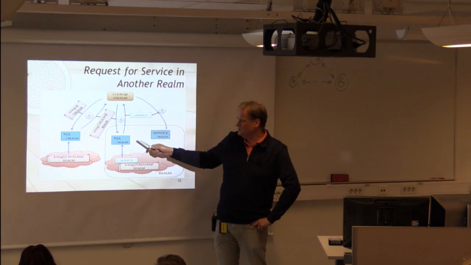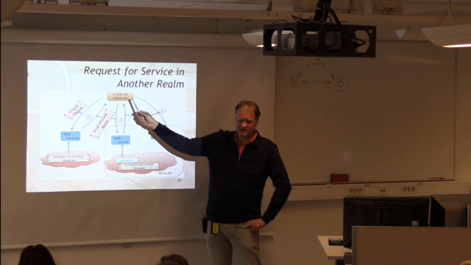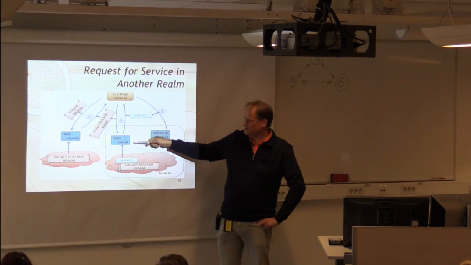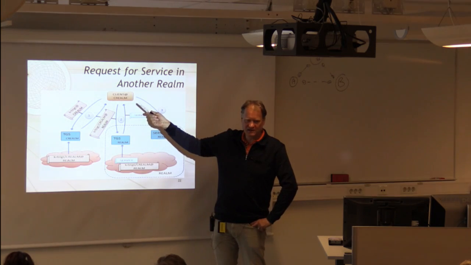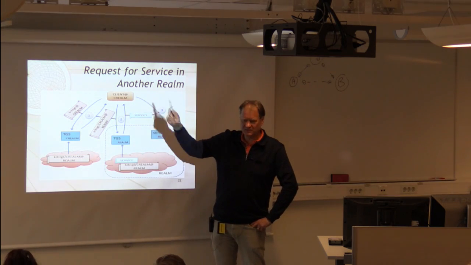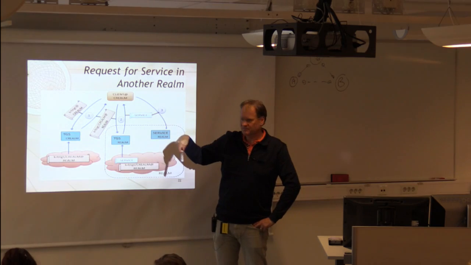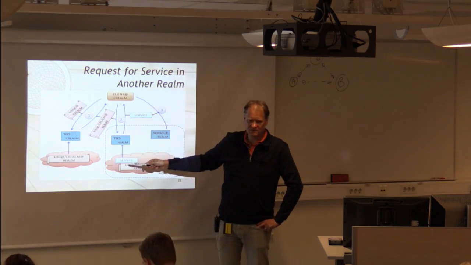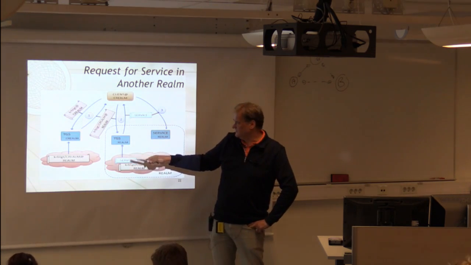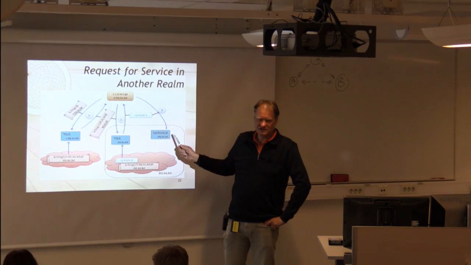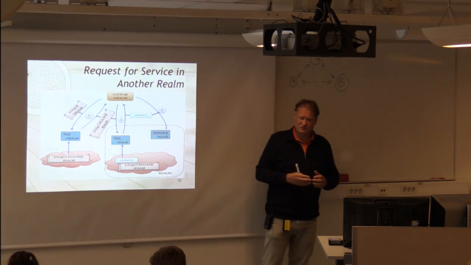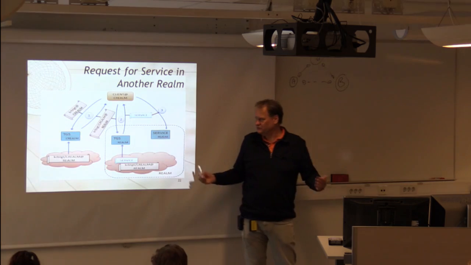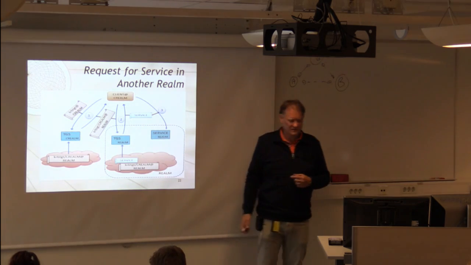At this stage, these two realms are connected. So whenever a request comes from another realm, we say, okay, they have already authenticated. We don't know who this user is, but it's checked by the other realm, so we'll go with that. And when a request comes here, we will get a ticket to actually use a service in that other realm. So we don't have to send out the information about all of our users to the other realm. We only have to create this trust between the two different realms.